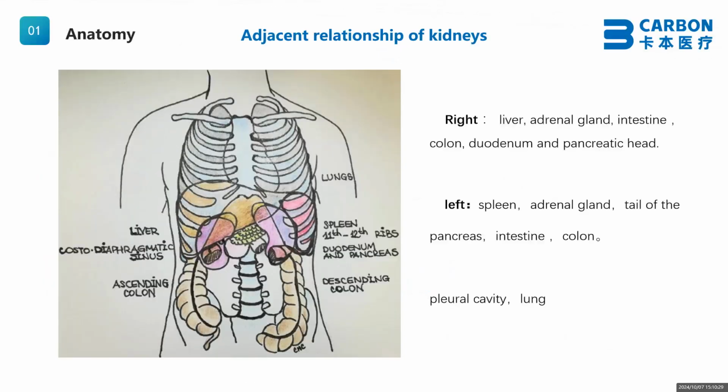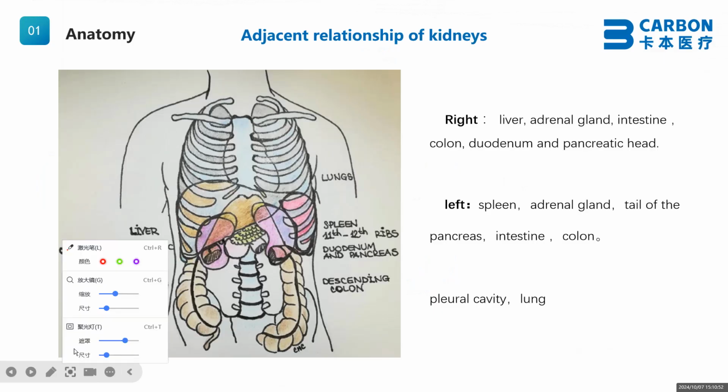For anatomy, we have to know about the other organs. We call it the adjacent relationship of kidneys, just the organs or tissues around the kidneys. For the right kidney, there is the liver and adrenal gland.